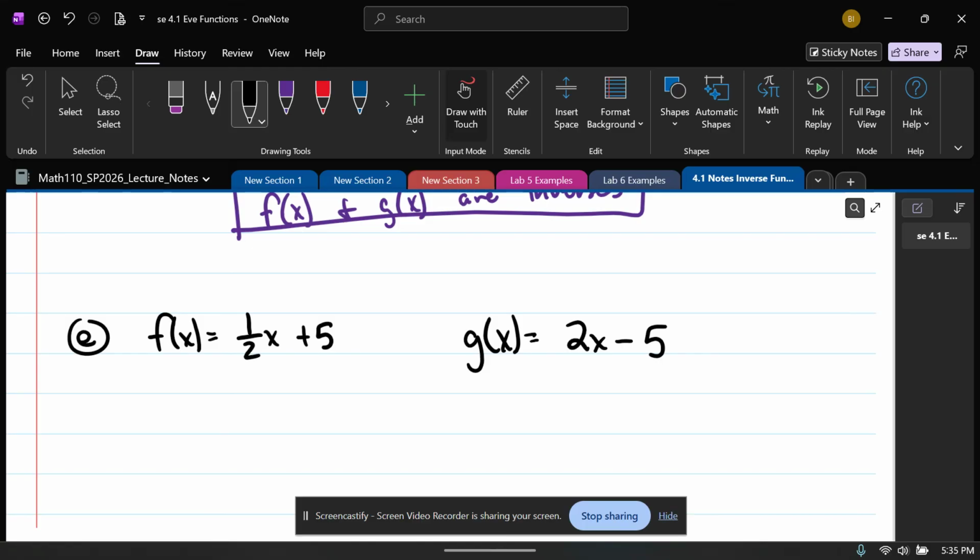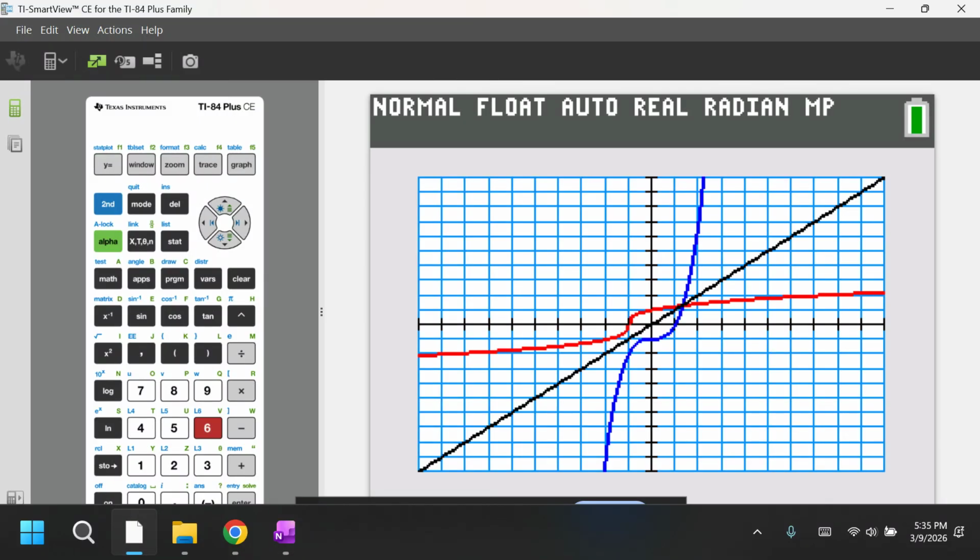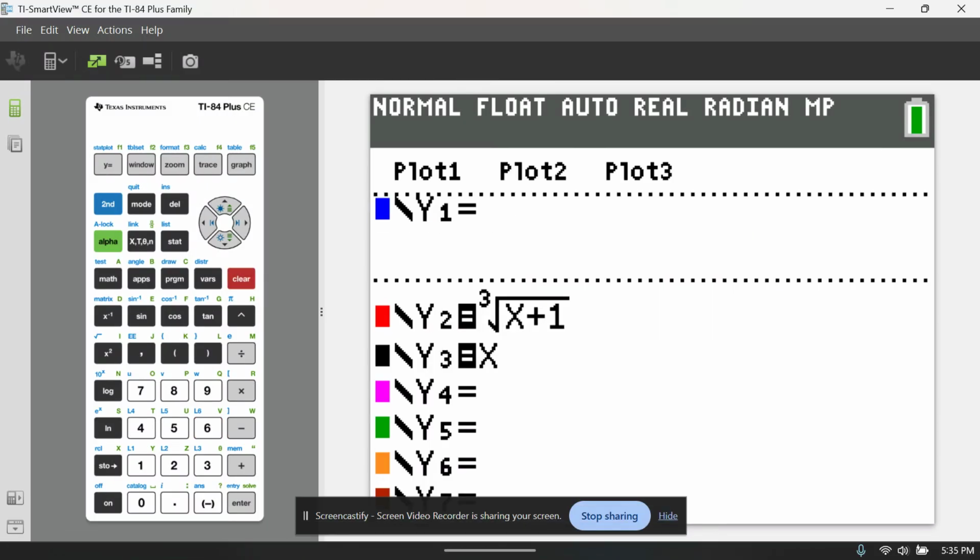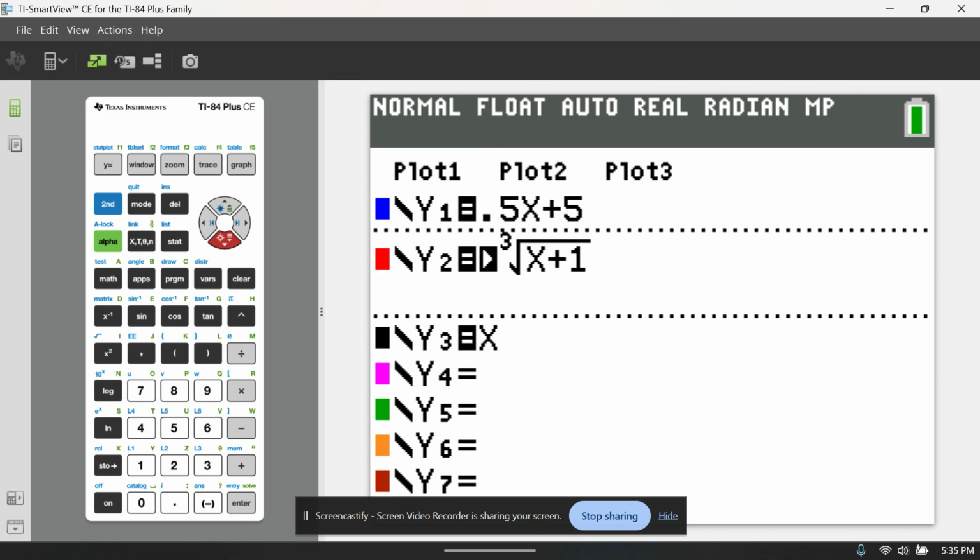The first thing I'm going to do is graph them and check that first, because that's the quick check to see if they're inverses. So I'm going to go to y equals, y1. I'm going to do the 1/2 x. You can do 0.5x, that'd be fine because it's a terminating decimal. Plus 5. And then on y2, I'm going to do the 2x minus 5.